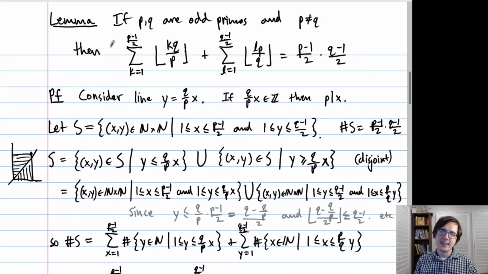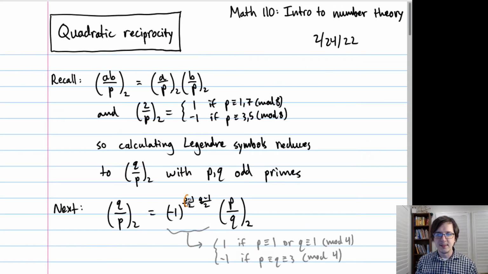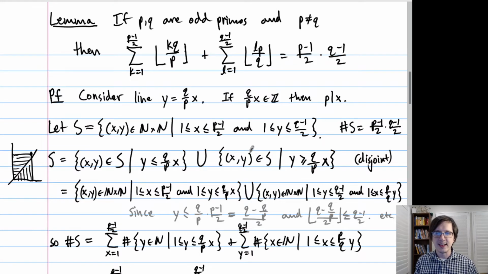So, let's look at this first lemma. If P and Q are distinct odd primes, then there's a relationship between a sum of sums of floors and a product. This product you should recognize as the top of the exponent in the quadratic reciprocity law.